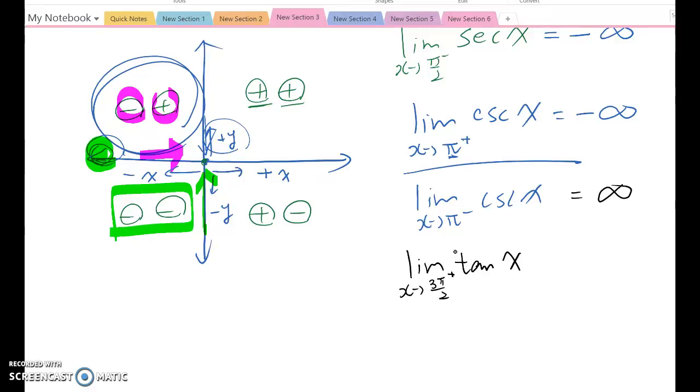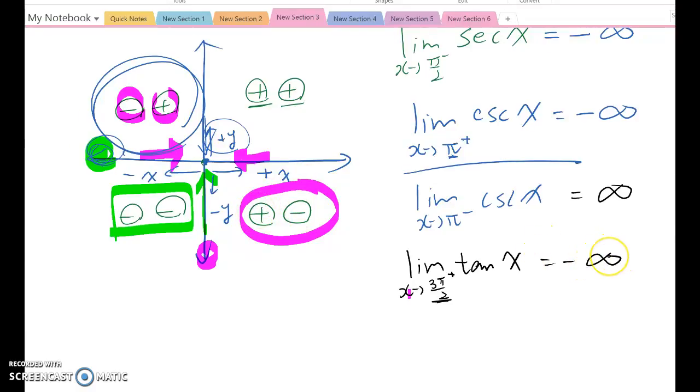The angle 3 pi over 2 is located around here. Now cosine is from the positive side, which is this direction. Then this angle and this direction should be this quadrant. So their signs are different, so the answer becomes negative infinity.